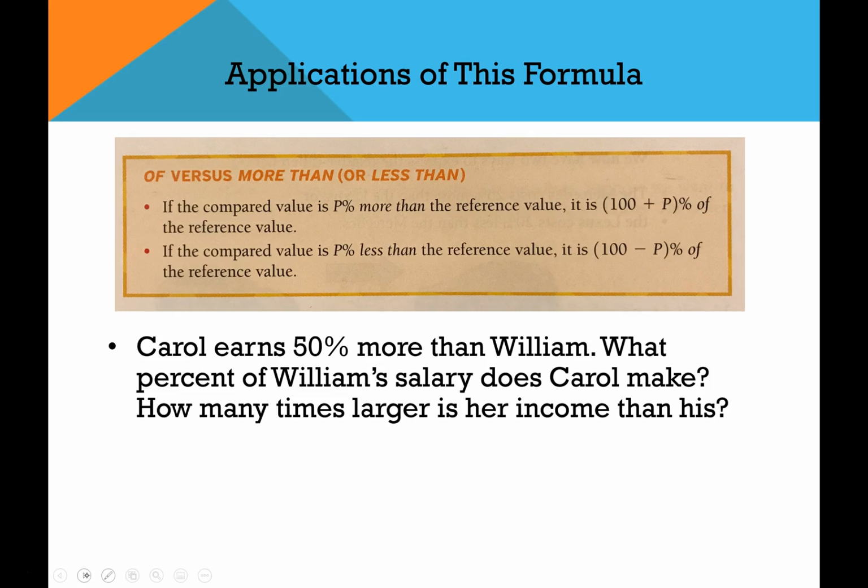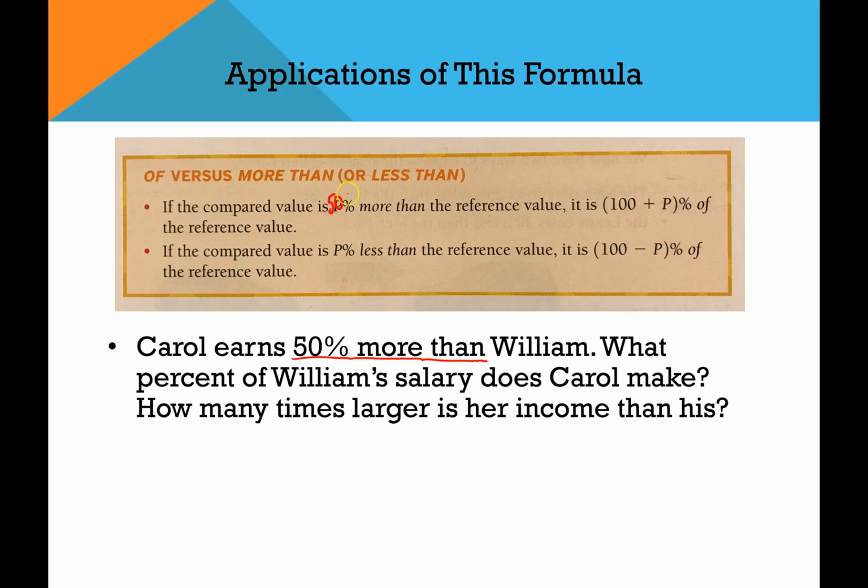Carol earns 50% more than William. What percent of William's salary does Carol make? How many times larger is her income than his? Okay, we are given 50% more than, which means I know my P is 50.